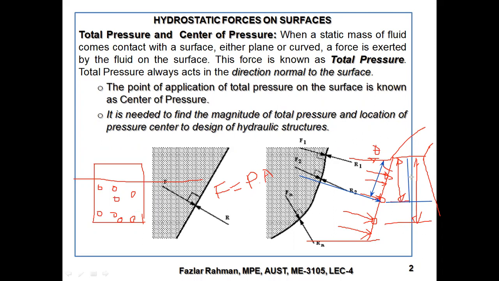So this is the purpose of this chapter. Mainly, whatever you learn in this chapter, you are able to apply the rules or equations to design a structure that will be partially submerged in the fluid, or might be floating in the fluid.